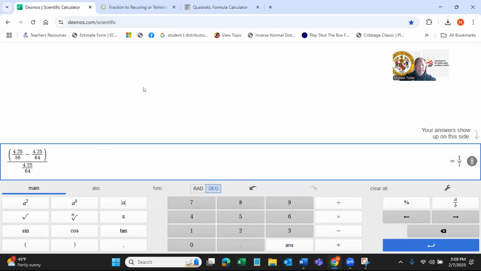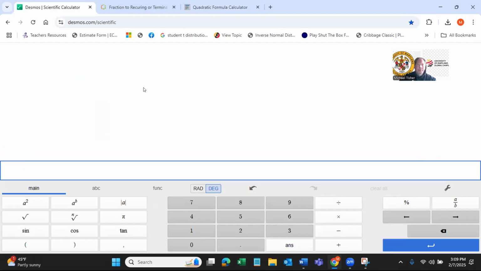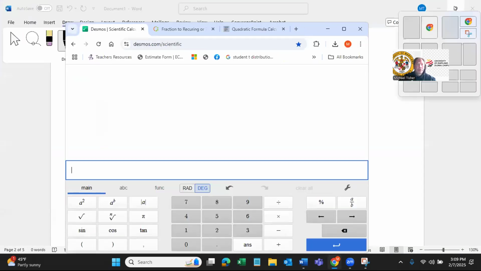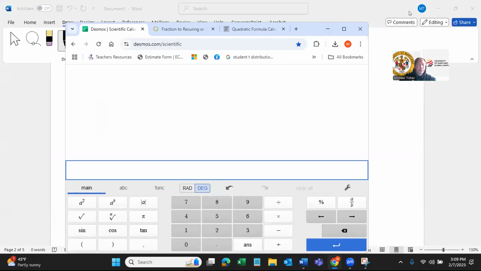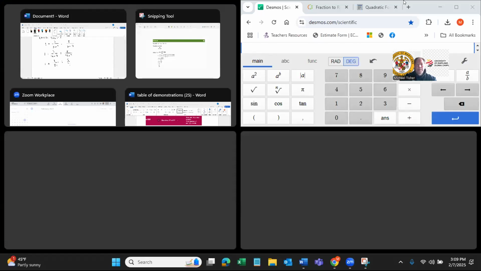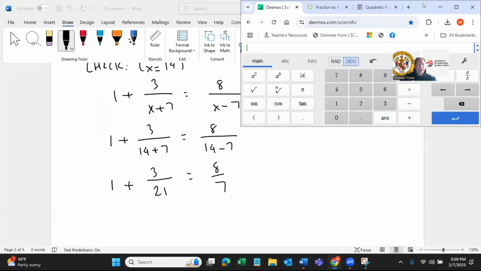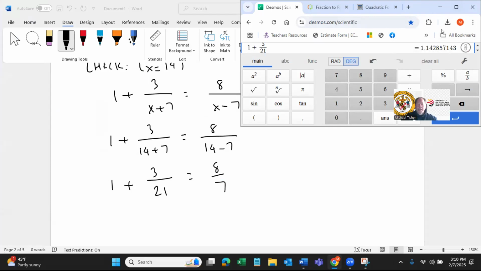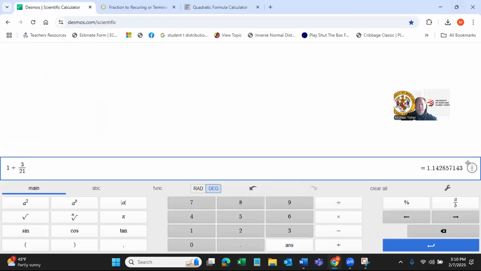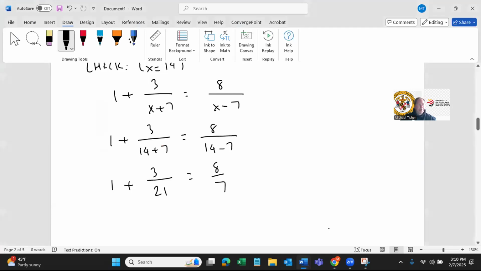There it is right here. All right. 1 plus 3 over 21 gives us this. But let's convert this to a fraction by clicking on this circle here. And we do indeed get 8 over 7, so it works out. Isn't that cool?